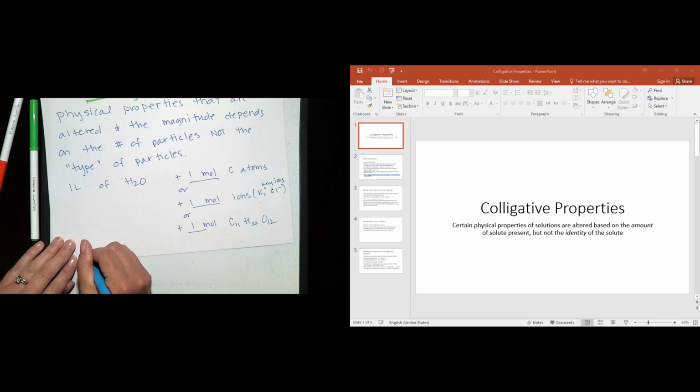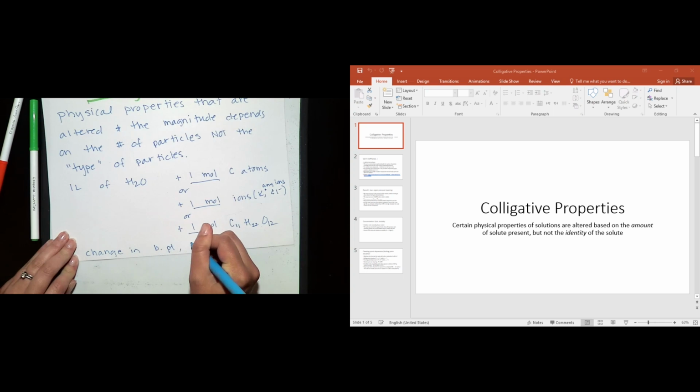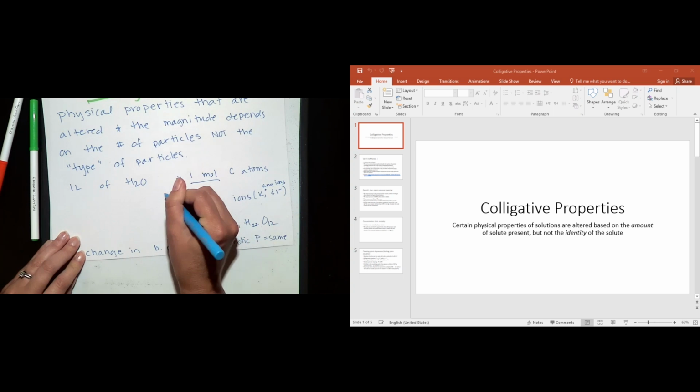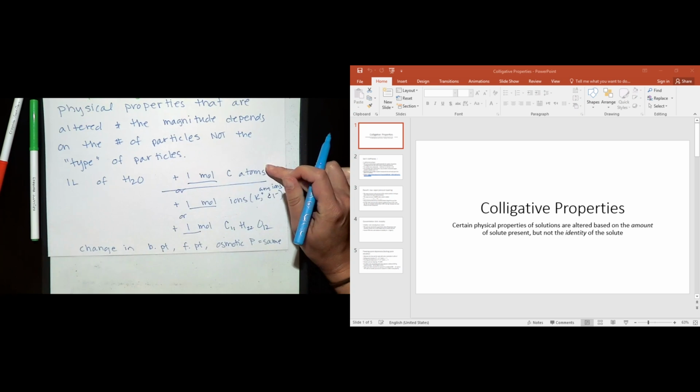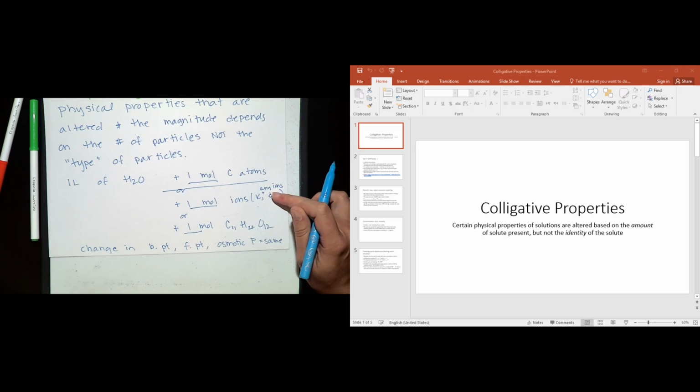the change in boiling point, freezing point, and osmotic pressure will be the same for each of these solutions. So however much that changes the freezing point, by 6 degrees, 2 degrees, whatever it is, will be the same as that one, and they will be the same as that one.